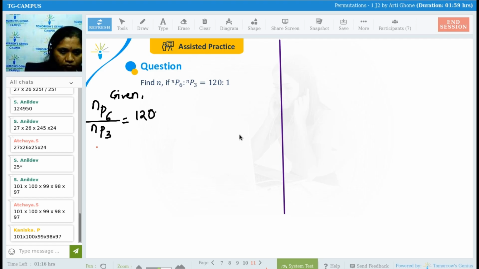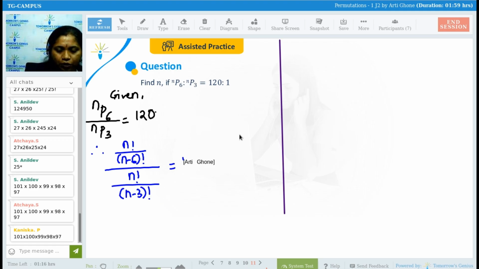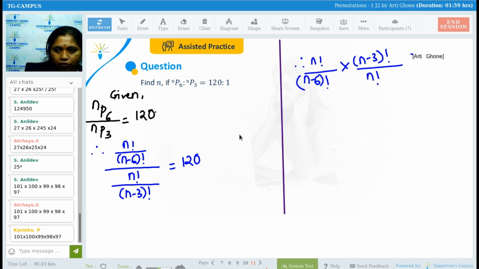Therefore, n factorial upon n minus 6 factorial, similarly n factorial upon n minus 3 factorial is equal to 120. Right? So n factorial upon n minus 6 factorial, reverse multiplied with n minus 3 factorial upon n factorial, is equal to 120.